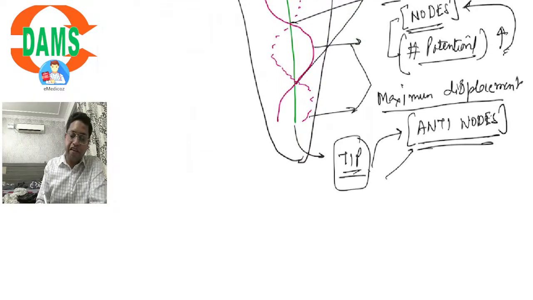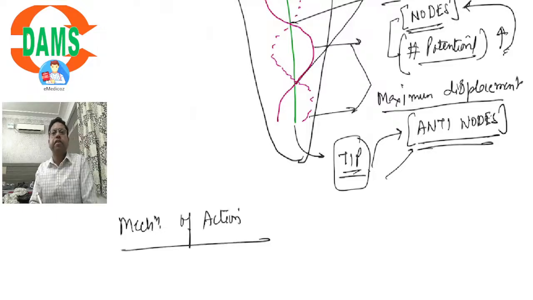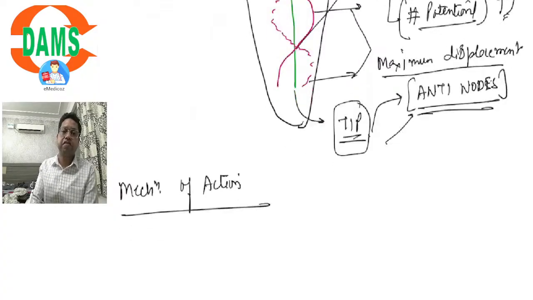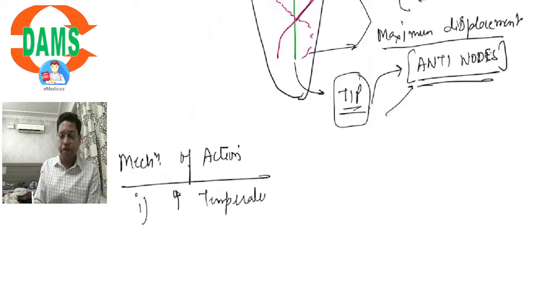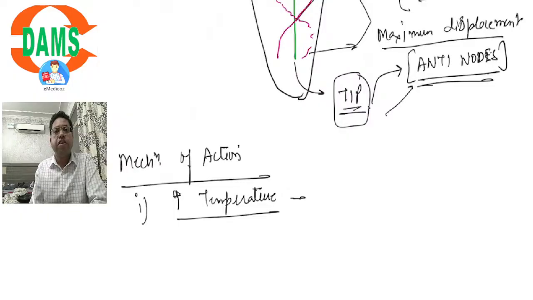If we talk about the mechanism of action of these ultrasonic devices, the principal mechanisms are, firstly, increased temperature. All of you must have used ultrasonic scalers. We require a certain amount of coolant because with ultrasonic vibration the temperature increases.